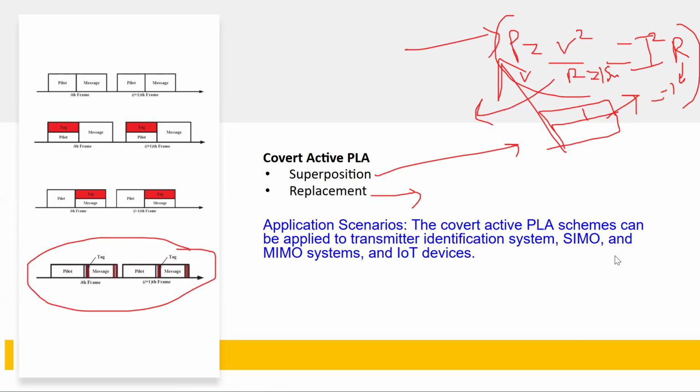The covered active physical layer authentication schemes can be applied to the transmitter identification system, SIMO and MIMO systems, and Internet of Things devices.